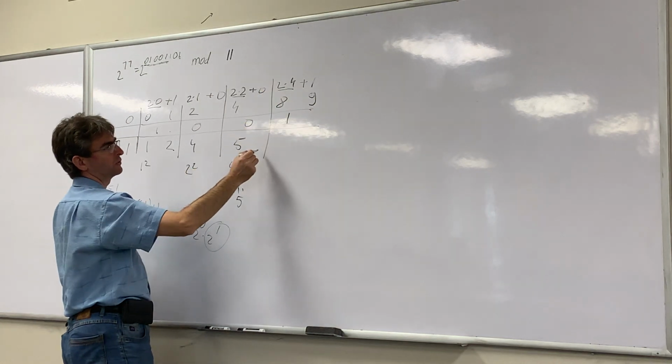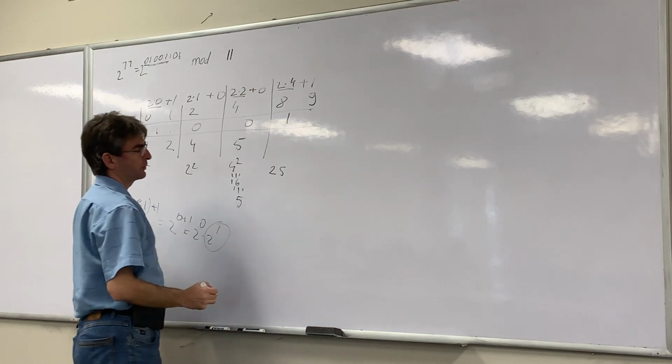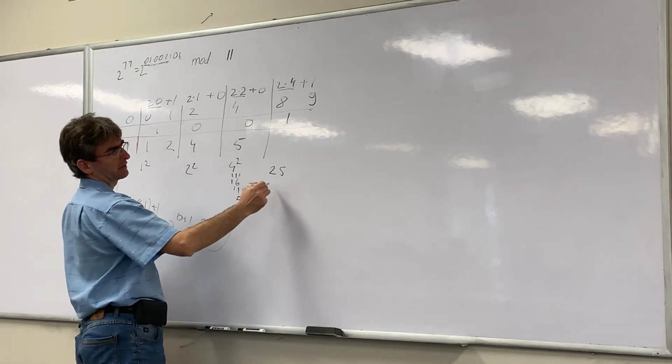Multiplying the exponent with 2 corresponds to squaring 5, which will be 25. 25 mod 11 is 3.